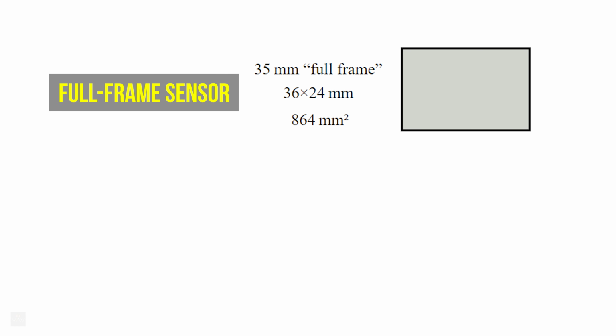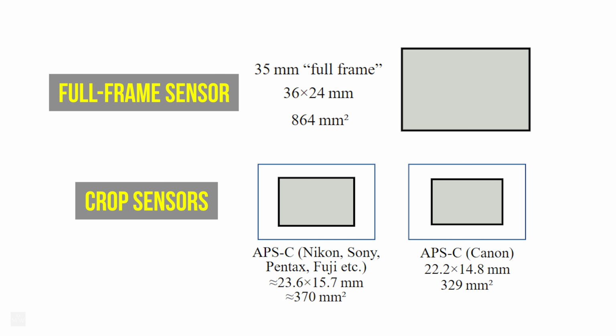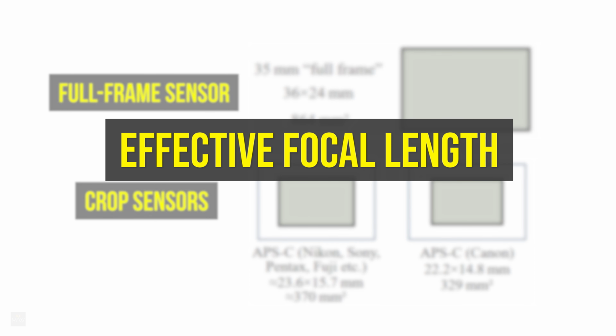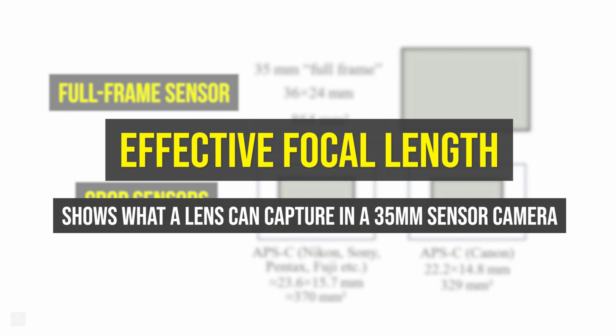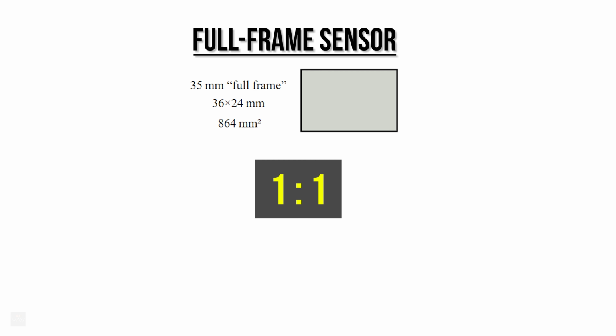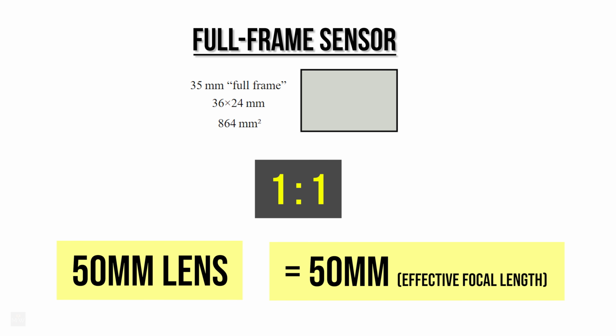Now, as mentioned before, camera sensors can be divided into several types, and in this context, they are the full frame and crop sensor, in which the sensors affect what's known as the effective focal length, which is a term to show what a lens can capture on a 35mm sensor. For a full frame sensor, it is a 1:1 ratio, which means if you're using a 50mm lens, the effective focal length used by your camera will be 50mm.